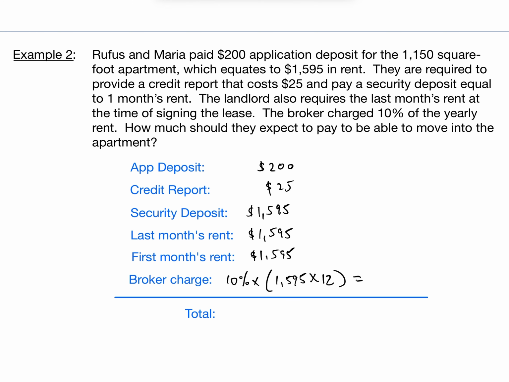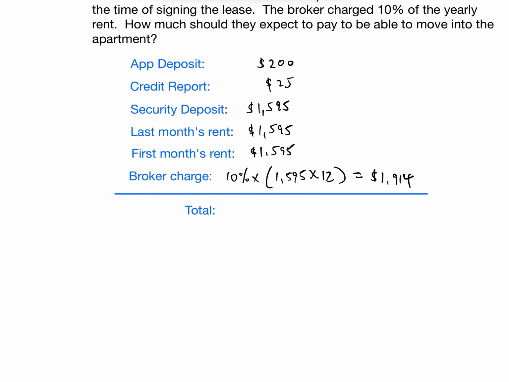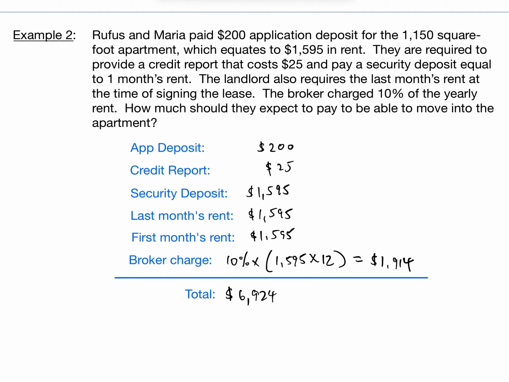And that works out to $1,914. So if you were to add all of these costs up, it would come out to a total of $6,924, okay?